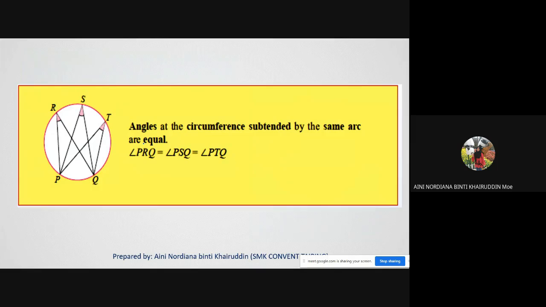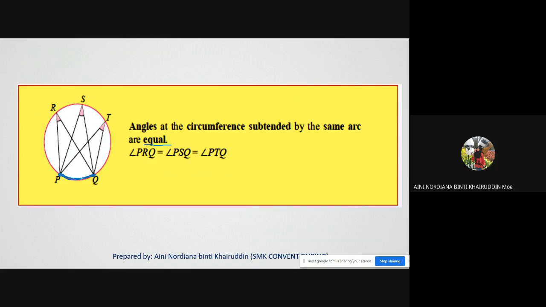Okay, so this is the summary. Angles at the circumference subtended by the same arc are equal. Same arc means from the same arc PQ. Okay, this is arc PQ.